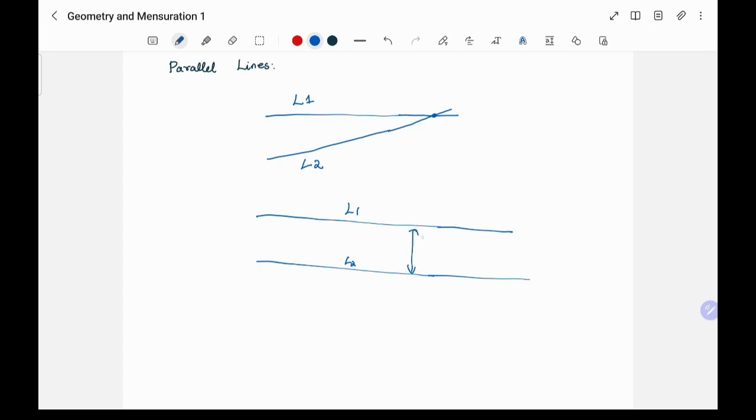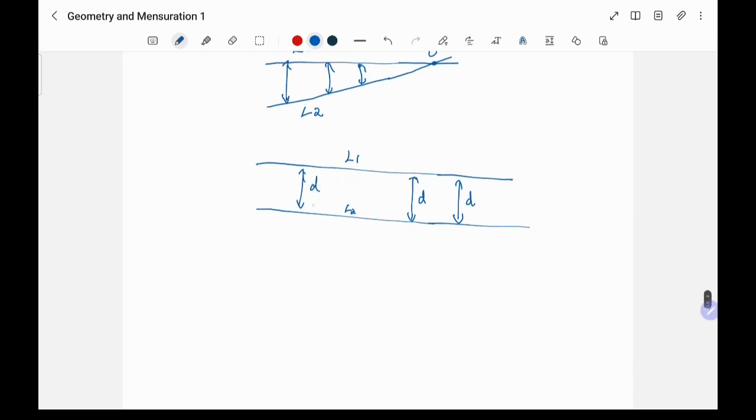So this distance is always constant, maintained. You can see here these distances keep on reducing, and finally it becomes 0. But here the distance is kept constant. So these lines are called parallel lines. They do not intersect when extended infinitely.